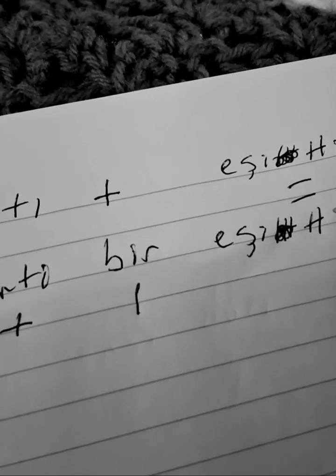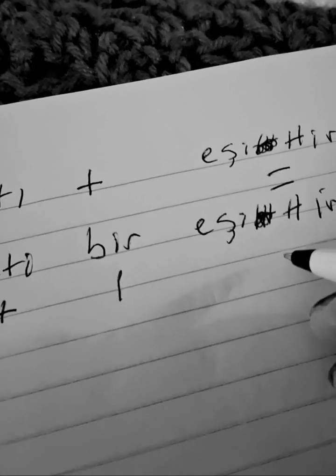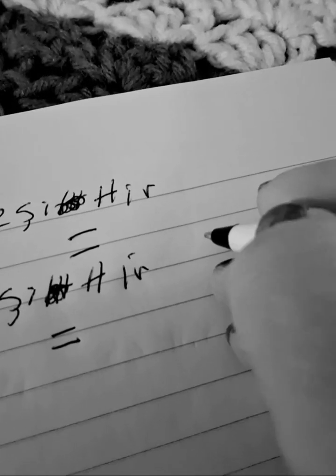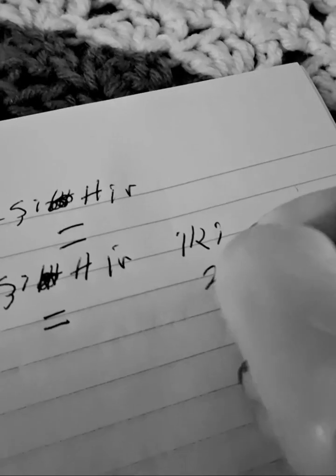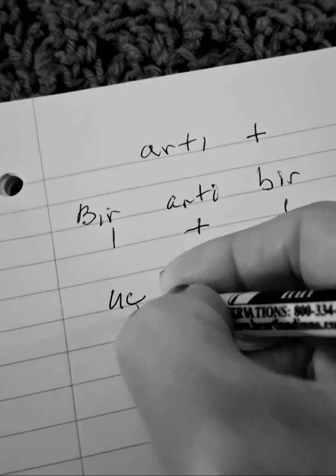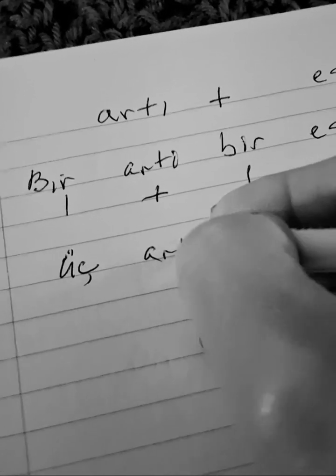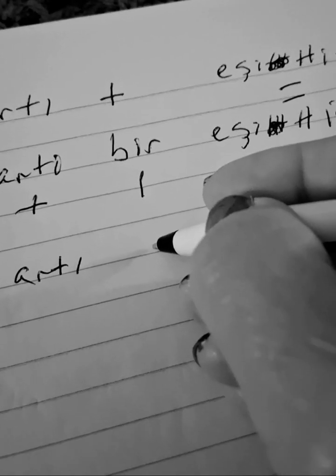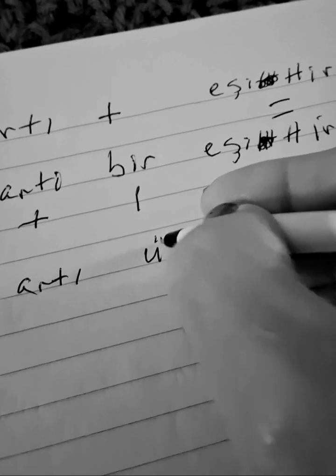I don't know why I have to do 3 of them. Eşittir. Bir artı bir eşittir 2. All right. 1 plus 1 is 2. All right. Let's do 3. Üç artı üç eşittir.